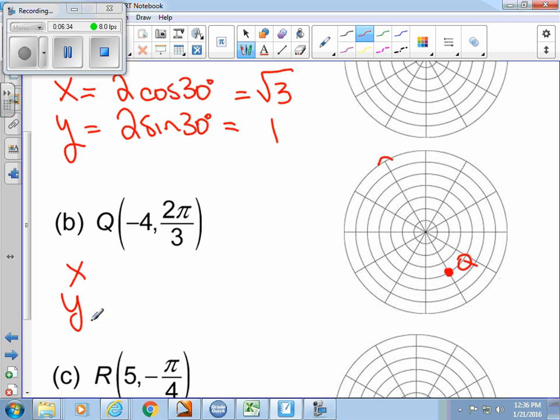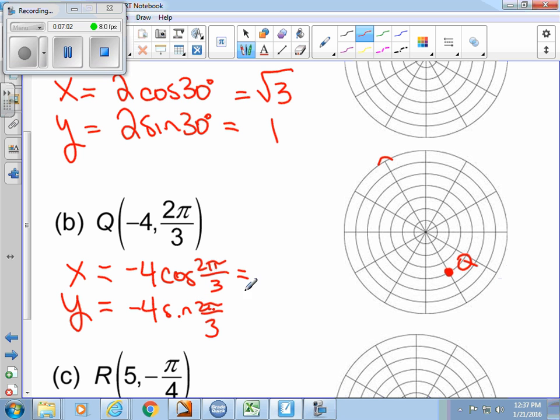For x and y, I'm not going to do anything different. I'm going to do negative 4 cosine of 2 pi over 3 and negative 4 sine of 2 pi over 3. Cosine of 2 pi over 3, isn't that a negative value? Negative radical 3 over 2? Nope, negative 1/2, I lied.